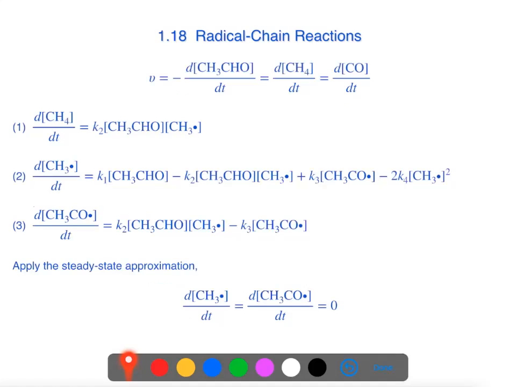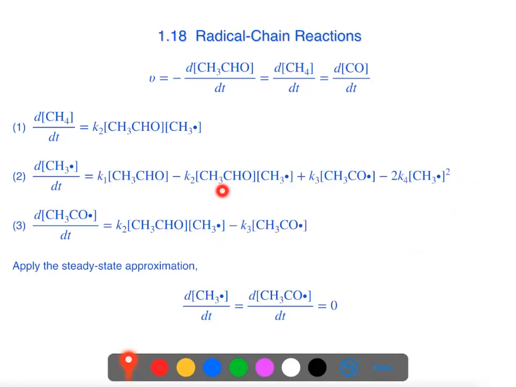Now, one thing that we commonly observe with radical chain reactions, and when we apply the steady state approximation to these types of reaction mechanisms, is that we often find similarity between the terms for the chain carriers, that is, expressions 2 and 3. And you'll notice that we have identical terms but of opposite sign in these 2 expressions.